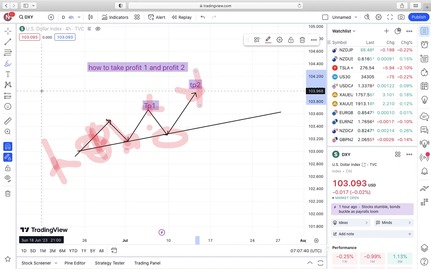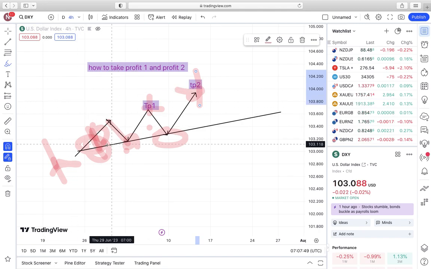You are entering that market right away at that given price. Now, once you have entered this market, put your stop loss very well where it's supposed to be, at this given zone.